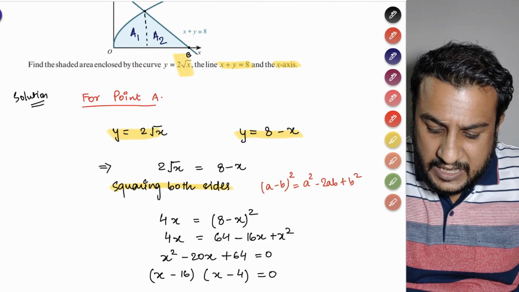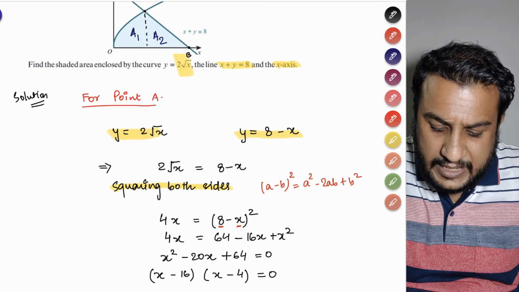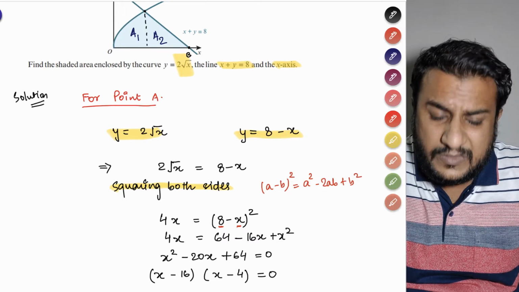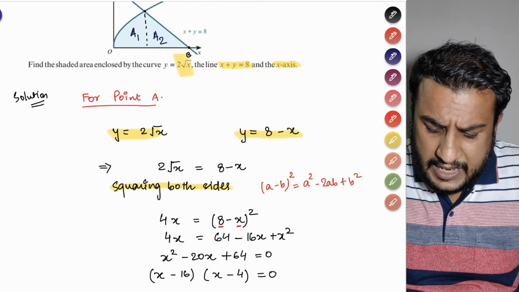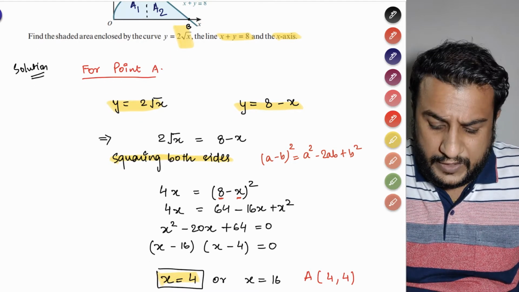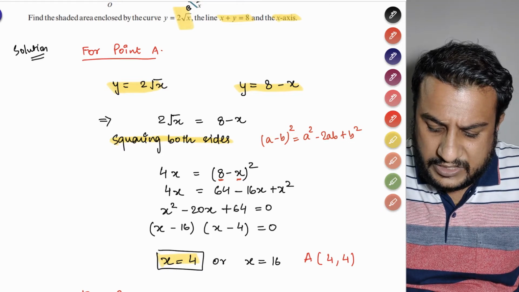Here a is 8 and b is x. So 8 square is 64, 2 into 8 into x is 16x, negative, and x square. Now simply make a quadratic out of it, factorize it, and you get x equals 4 and x equals 16.